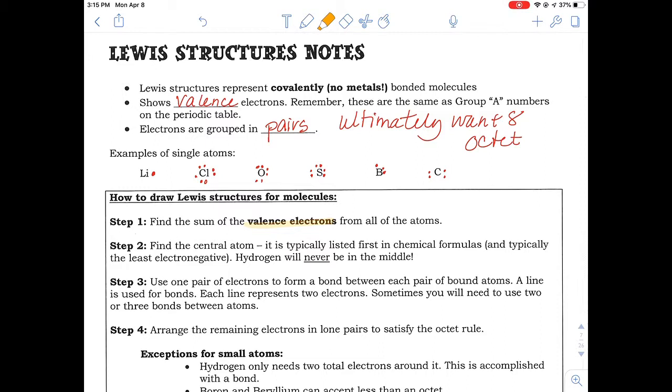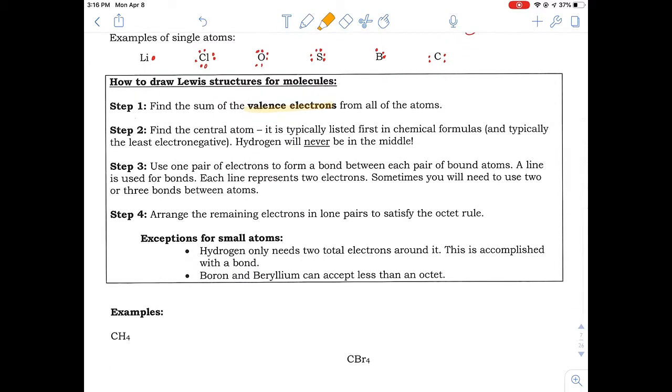You use one pair of electrons to form a bond between each pair of bound atoms. A line is used for bonds. Each line represents 2 electrons. Sometimes you'll need to use 2 or 3 bonds. And then you arrange the remaining electrons to satisfy the octet rule.